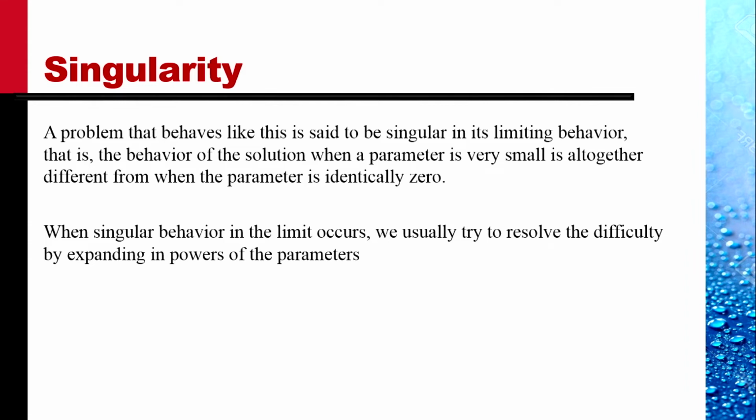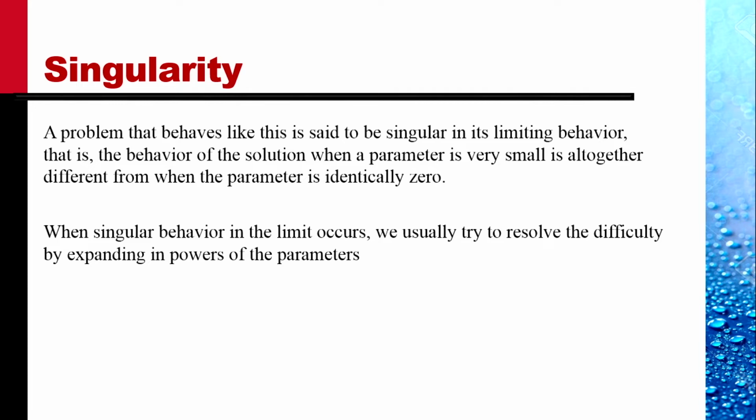So we need to worry about this while making approximations. A problem like this, that behaves like this, is said to be singular in its limiting behavior. For example, here for time t star very large, that is, the behavior of the solution when a parameter is very small is altogether different from when the parameter is identically 0. When we dropped this term, the viscous damping was assumed to be 0.